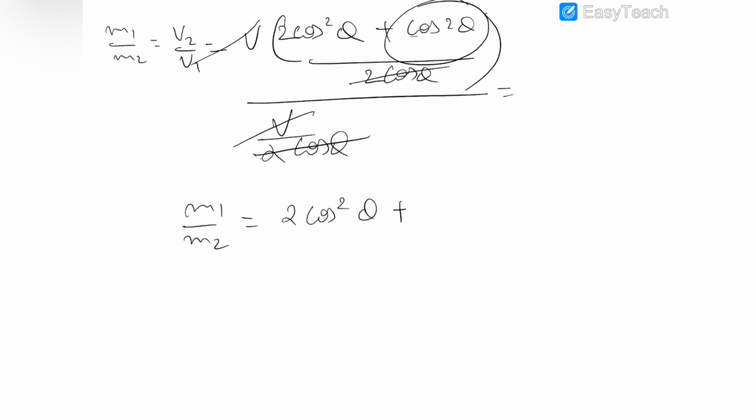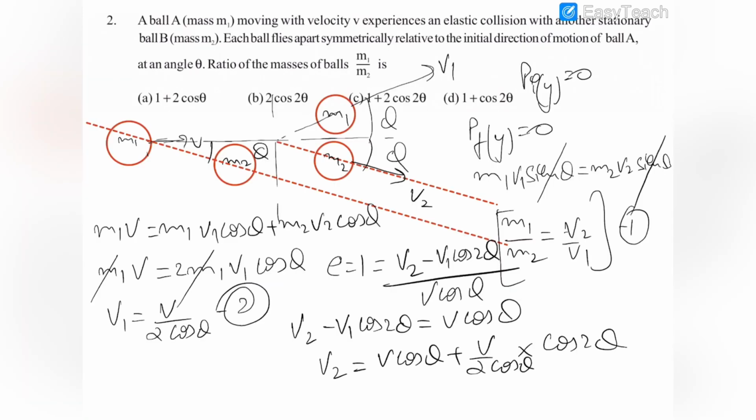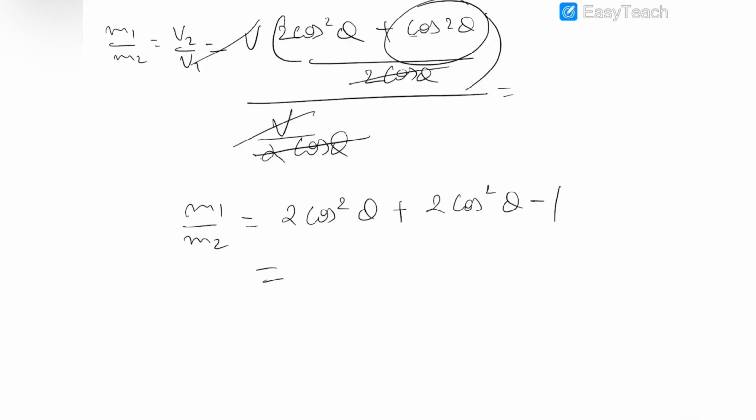Now you know that cos 2θ is also equal to 2 cos square θ minus 1. So this is equal to 4 cos square θ minus 1, and 1 can be written as cos square θ plus sine square θ.